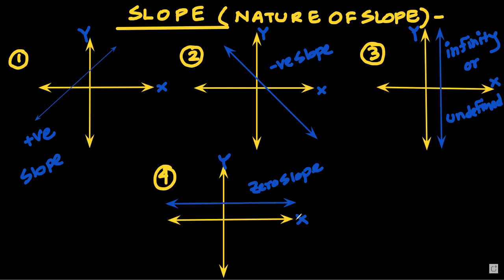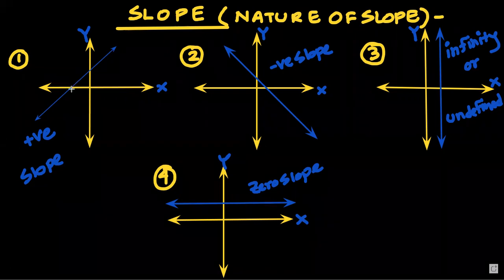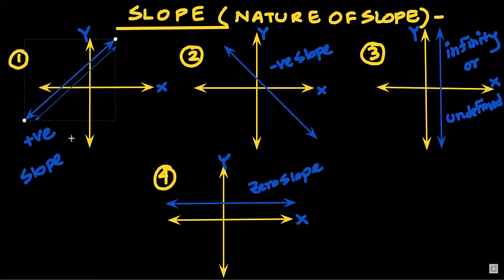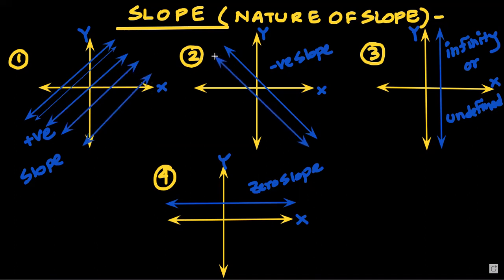Okay. So these 4 things you need to remember. All the lines whose starting and ending points are in the first and third quadrants should have a positive slope, right? Next, all the lines whose starting and ending positions are in the second and fourth quadrants, you know the quadrant notation, I believe.